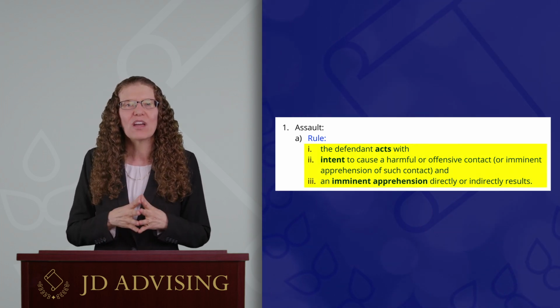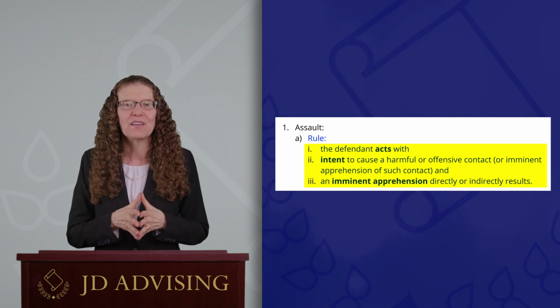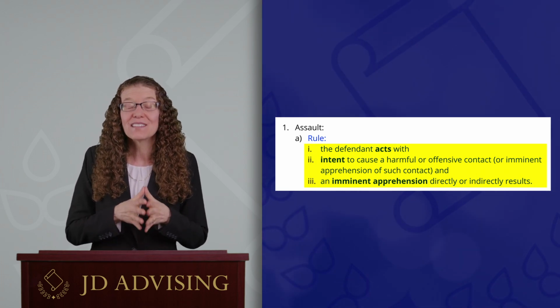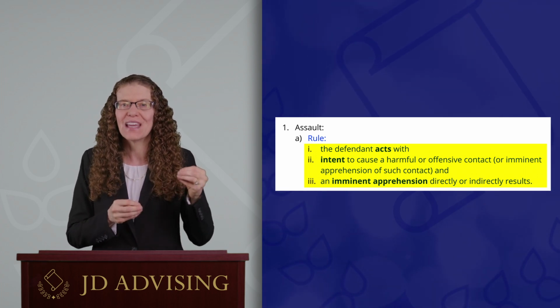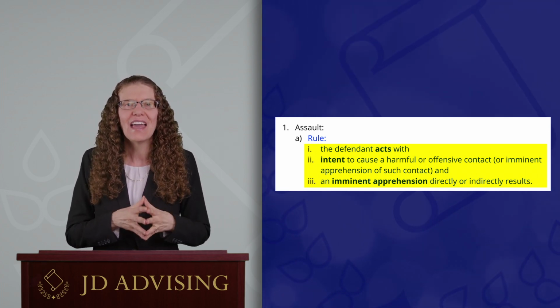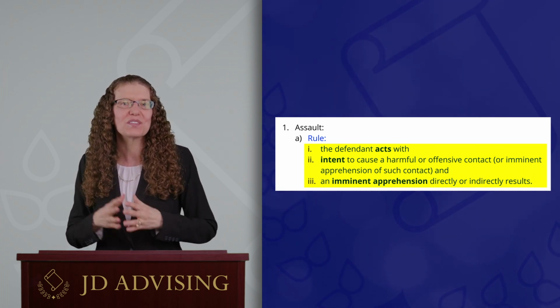You can see how we have broken up the long rule into 3 elements. The defendant acts with intent to cause a harmful or offensive contact or imminent apprehension of such contact, and an imminent apprehension directly or indirectly results.